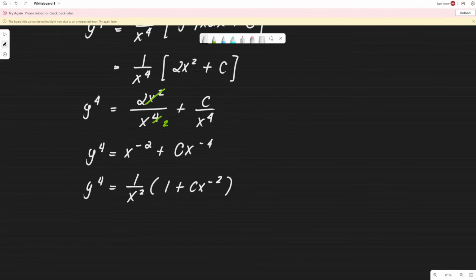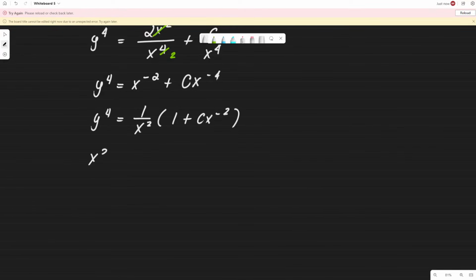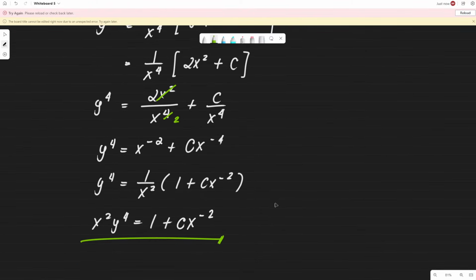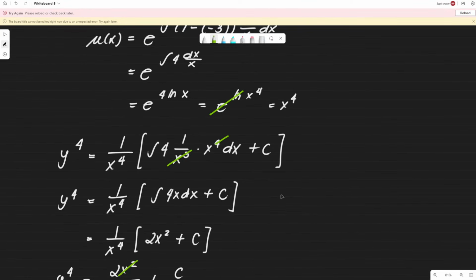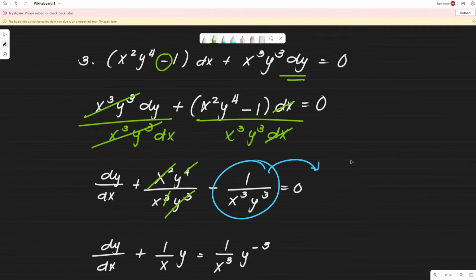You can multiply x squared here, so we'll have x squared y to the 4th is equal to 1 plus cx raised to negative 2. This is our general solution. So that is our solution for number 3.